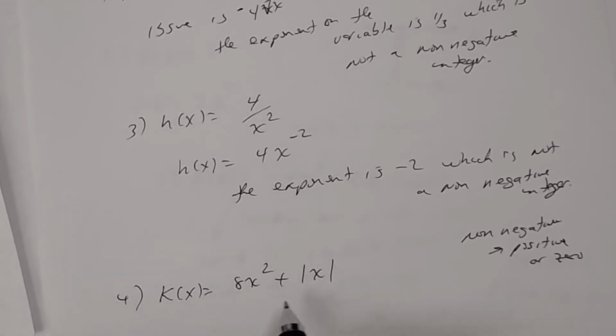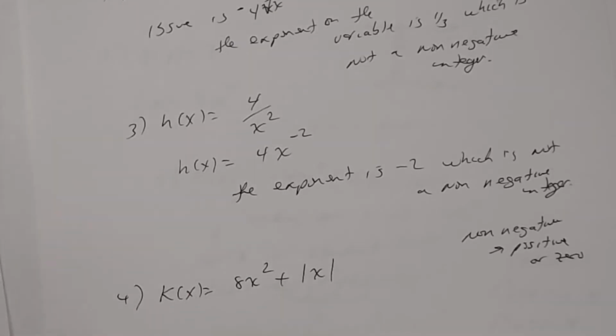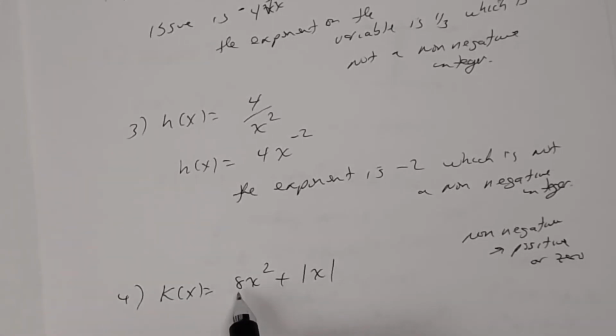All right, so remember, your definition says it's got to be of this form. It has to be some coefficient times x to a power plus some coefficient times x to a power plus some coefficient of x to a power. Notice I have 8 times x to a power plus, but that is not just x. That's the absolute value of x.